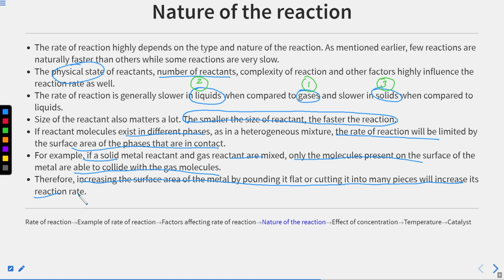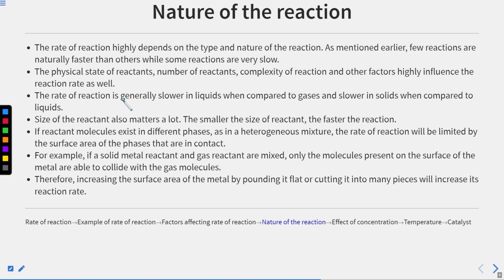What we have seen till now about the nature of reaction is that various reactions have various rates: first the physical state of the reactant, then the size of the reactant, then whether it is heterogeneous or homogeneous, and the surface area of the reactant.